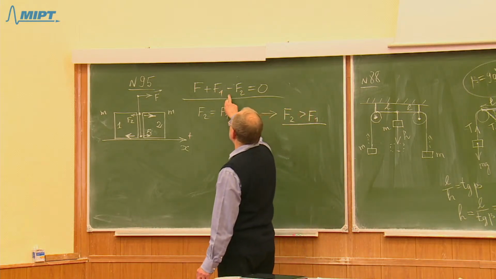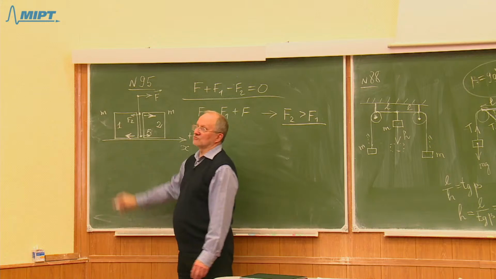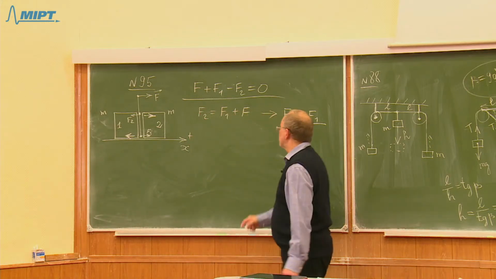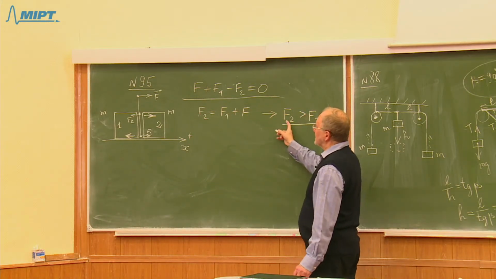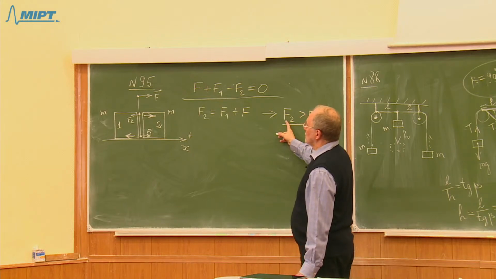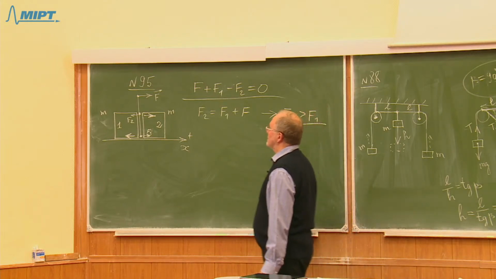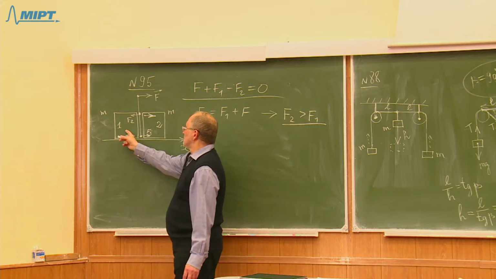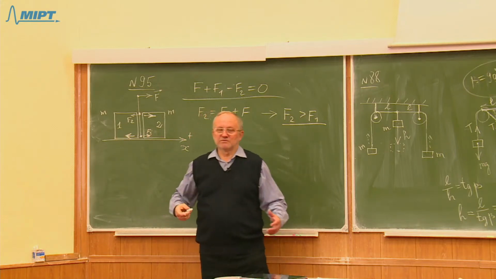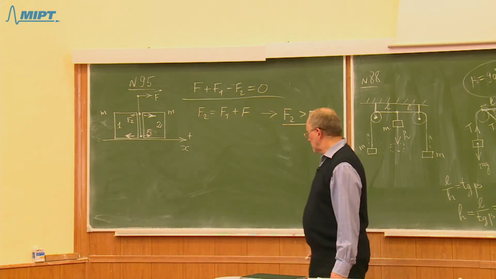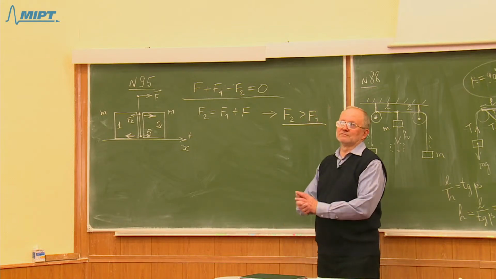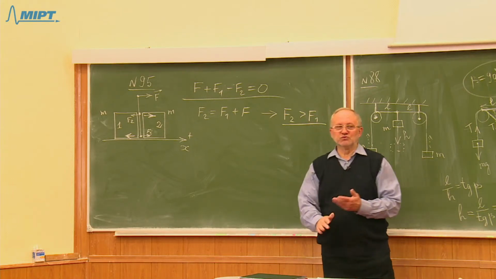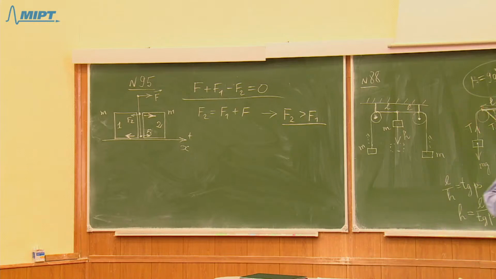So we use the condition for static equilibrium of the vertical rod. And from this condition, we derive that the force acting on the second block is always larger than the force acting on the first block. It means that the second block will be the first to start its motion. It will be the first to move. And you have observed it.